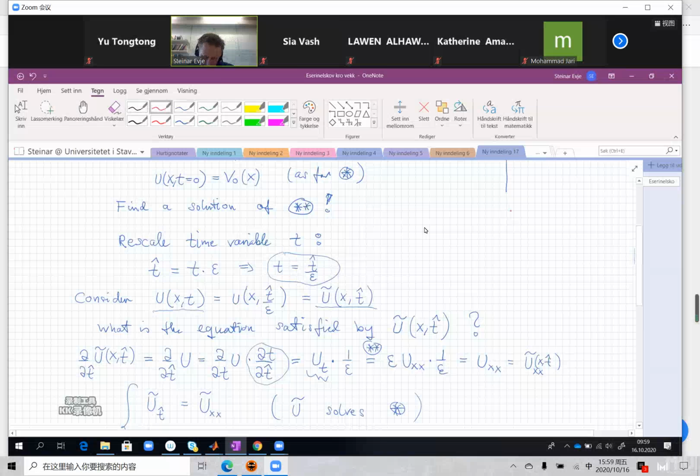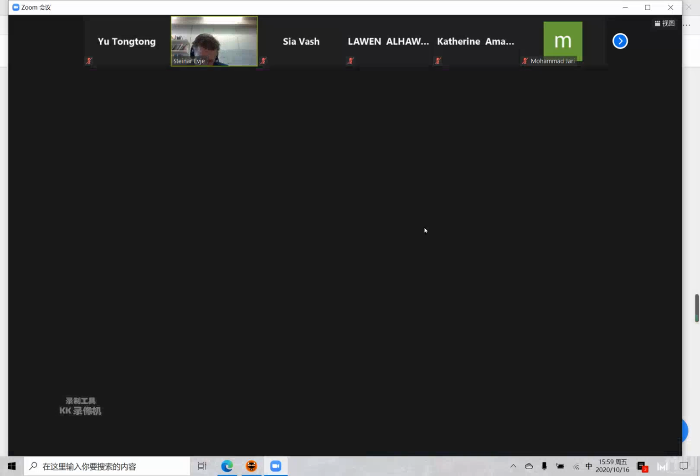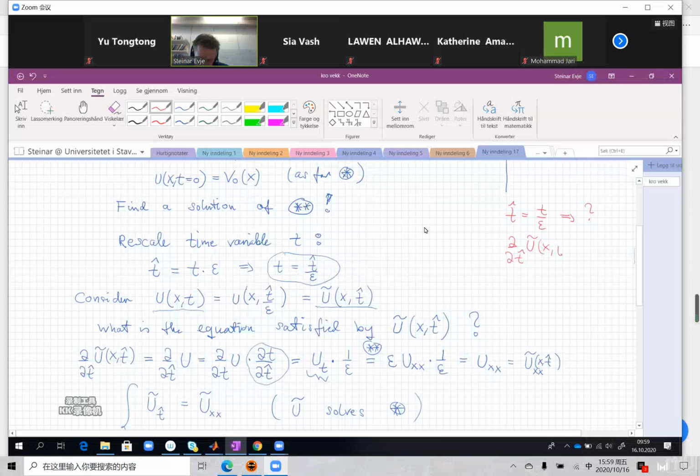If we set t hat equal to t over epsilon, we could try that, but by doing the same calculations, we would end up producing the derivative of this t hat, u tilde x t hat.